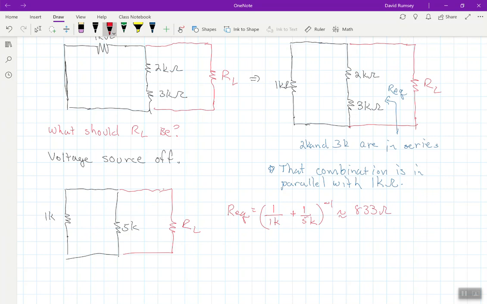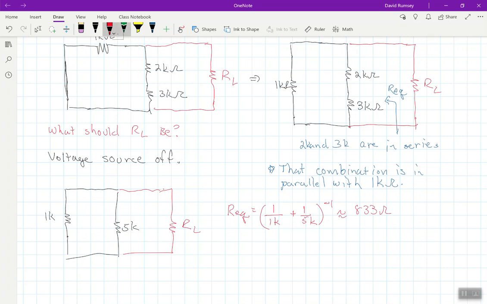Which, of course, if you did the multiplication, it's just 5K squared divided by 6K, which gets you 833 ohms.